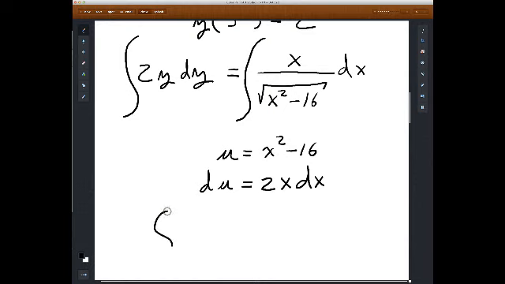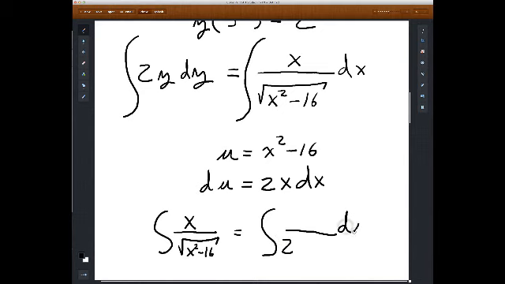The integral of x all over the square root of x squared minus 16 is the same as, well, x dx is actually equal to du over 2. And then I have the square root of u.